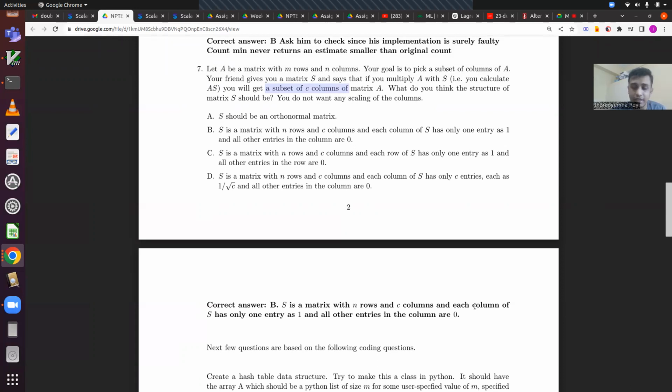So let's say S is a column vector with all zeros except the second position, which is 1, just to make it a bit non-trivial. So 0, 1, and let's say 5 zeros.